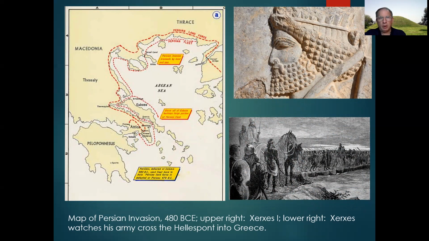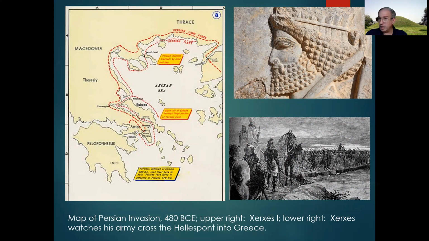If you look at the map on the left, you can see the Persian land force moving across an area called the Bosphorus, or the Hellespont, over to the European side, then going across Thrace, then Macedonia, and heading down into classical Greece, with the Persian fleet following alongside just off the coast in the Aegean Sea.